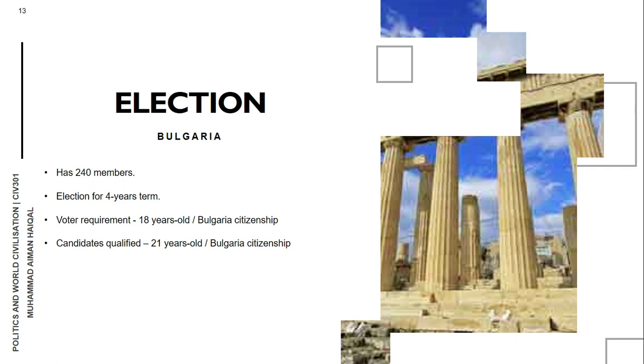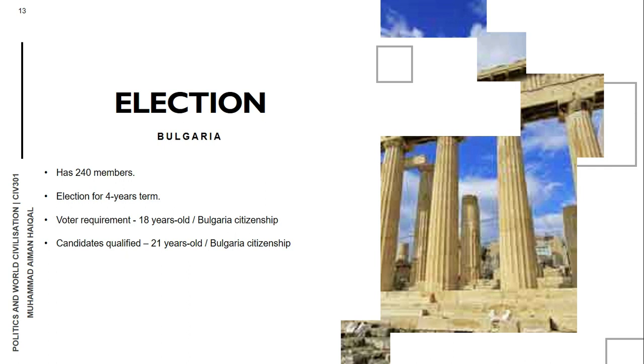Bulgaria has a mixed voting system with 31 members selected using a first-past-the-post system. In the meantime, 209 members are elected on a closed party list under the proportional representation system.